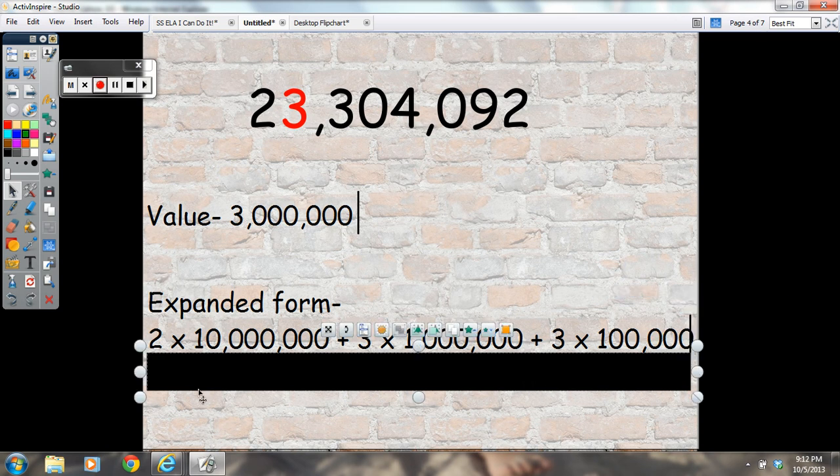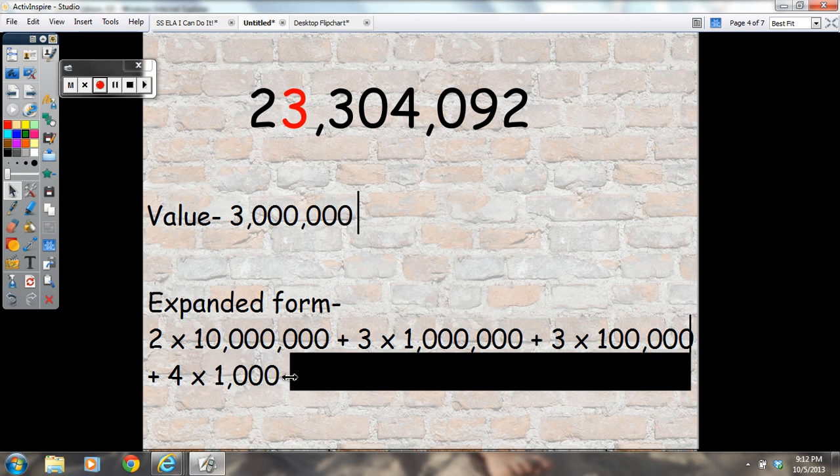Moving on, we notice that there's nothing in the 10,000s place, so we don't need to write down 0 times 10,000. We move on to our next number, which is a 4, and we multiply it by the place that it's in, which is the 1,000 place. We add the next number, which is 9, times the place that it's in, which is the tens place.